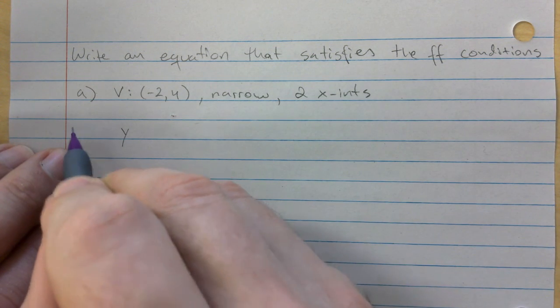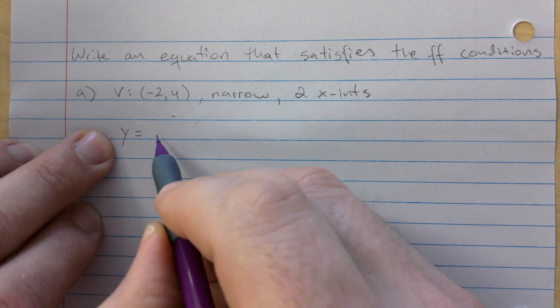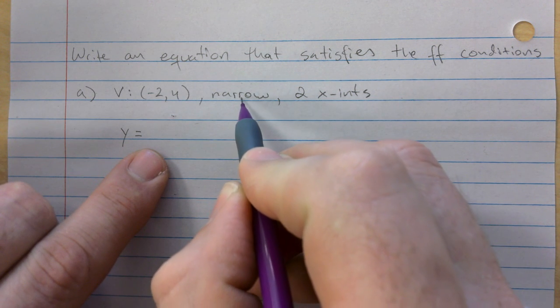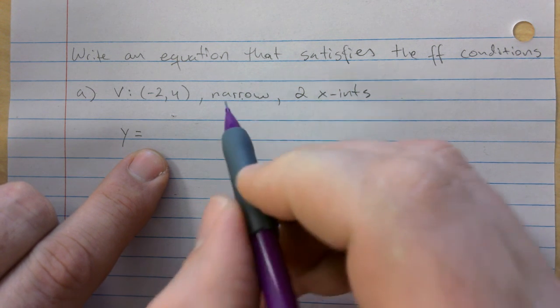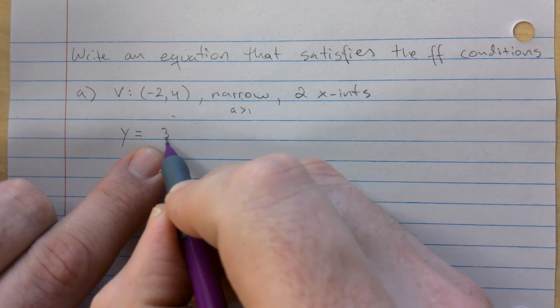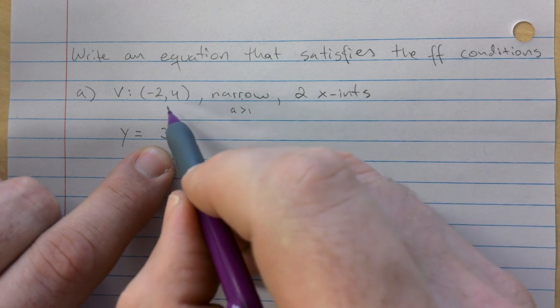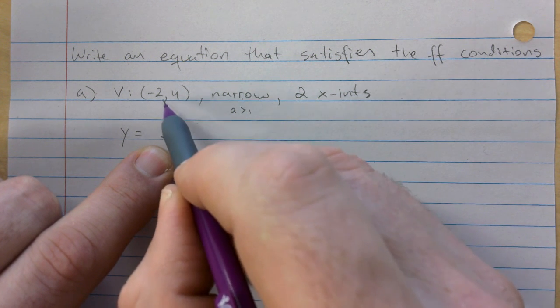So this is just an example, right? If you want it narrow, you need a to be bigger than 1. So let's go with 3. And you're given a vertex, right?